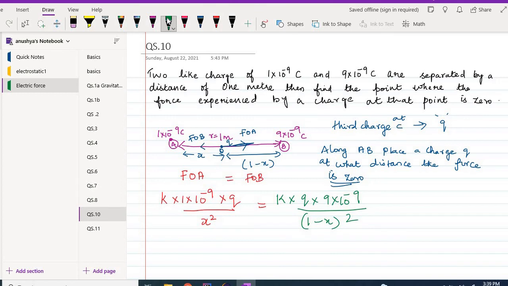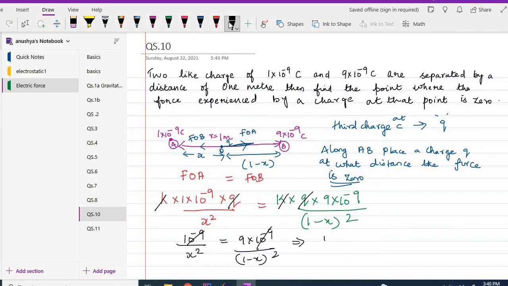Now you can cancel the common terms. Q gets cancelled, K gets cancelled, and 10^-9 cancels on both sides.